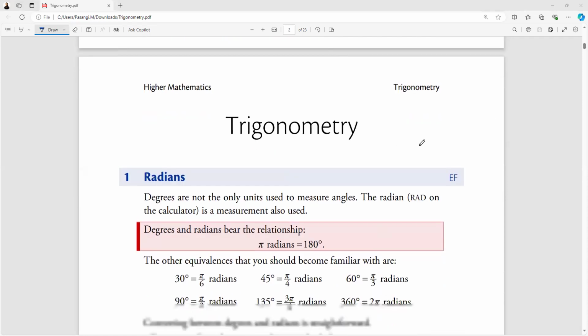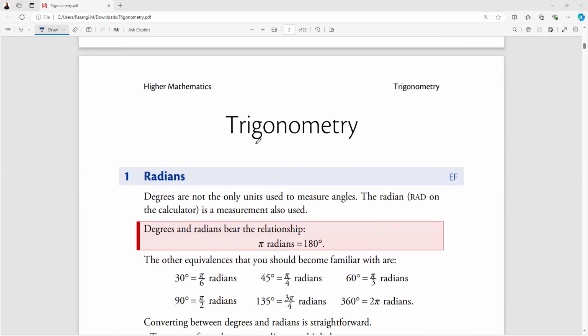Yes, teacher. Okay, so for radians, the first thing in trigonometry is how to measure these angles. When we talk about measuring angles, we have two methods. One is using radians. The other is using degrees.